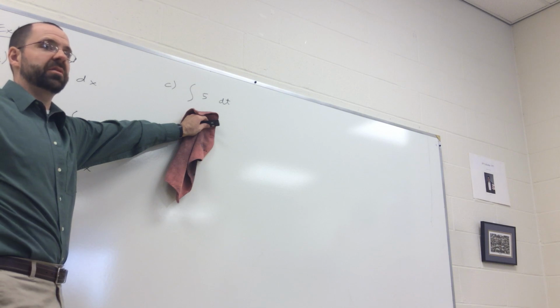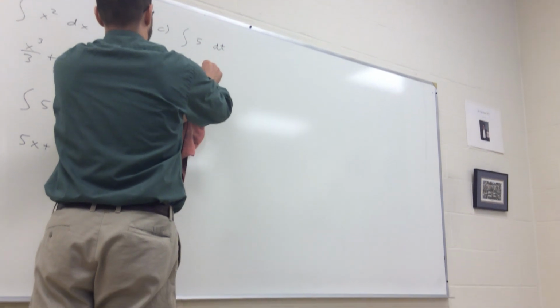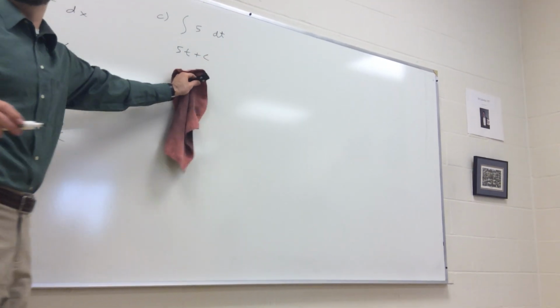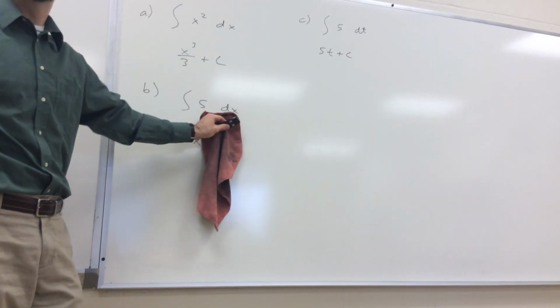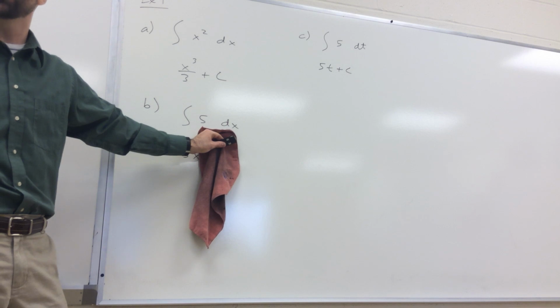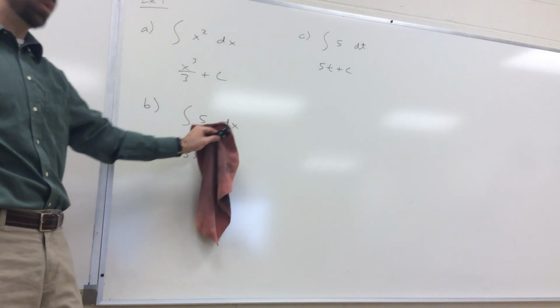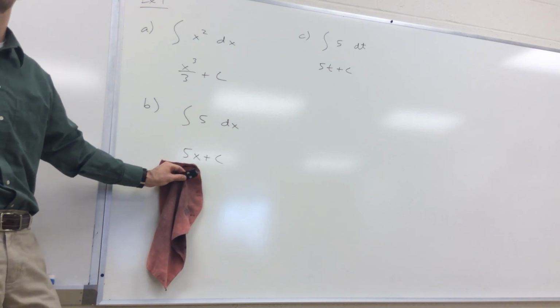Go ahead, Tasha. 5t plus c, right? So the reason I did these two problems was to let you know that this is important. The dx tells you what the variable is, right? Without that, we wouldn't know whether this was 5x or 5t or 5 whatever.